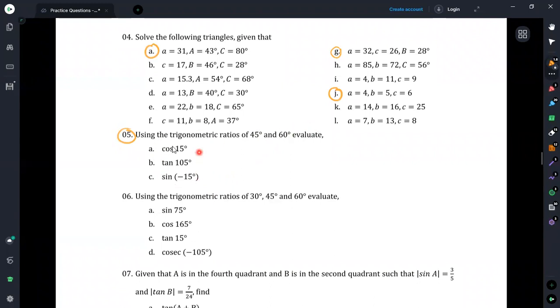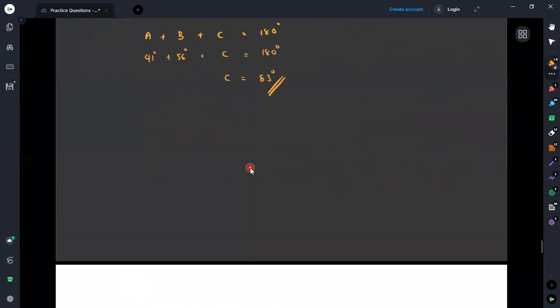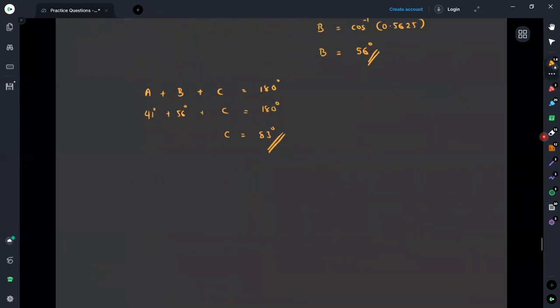Using this, we are asked to find out the values of cosine 15, tangent 105 and sine minus 50. The first part asks us to find the value of cosine 15 degrees. Now we have to think how we can obtain this cosine 15.